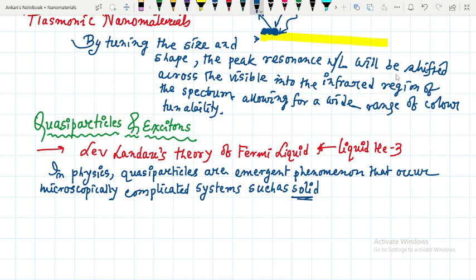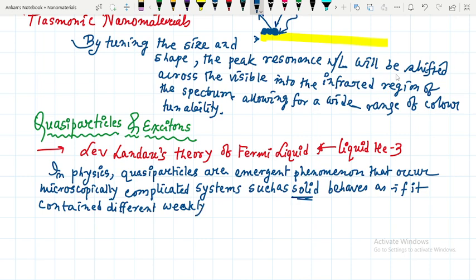Now, complicated systems such as solids behave as if they contain weakly interacting particles in free space.